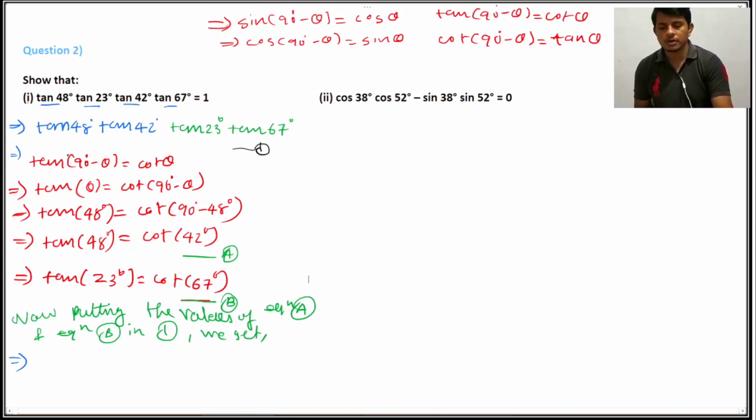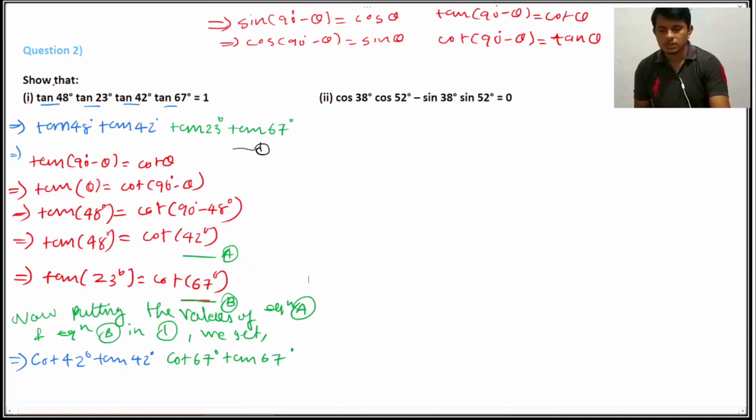Here we have tan 48 degree, so we can write tan 48 degree is equals to cot 42 degree. Now we have tan 42 degree, just write tan 42 degree. Now we have tan 23 degree, which is equals to cot 67 degree, so we can write cot 67 degree multiplied by tan 67 degree.